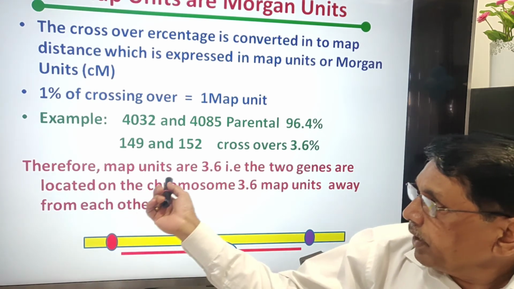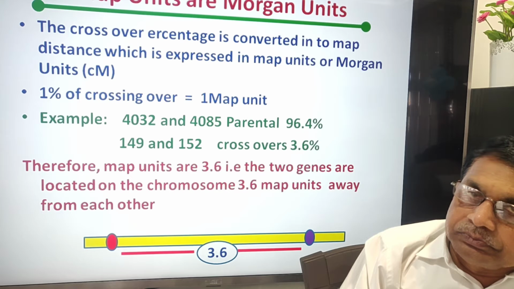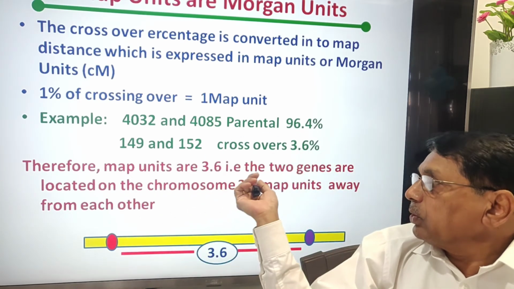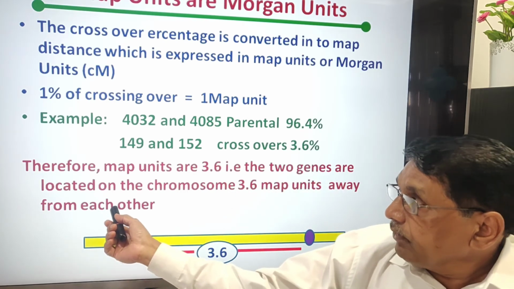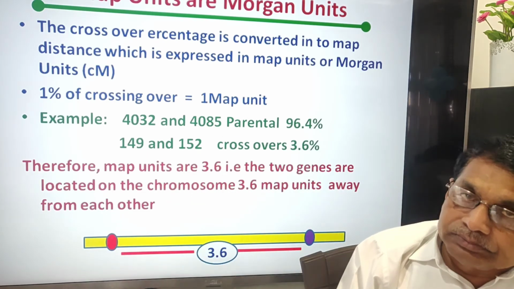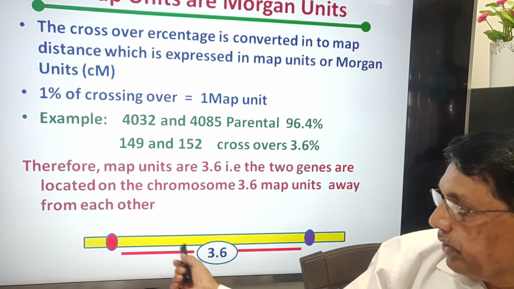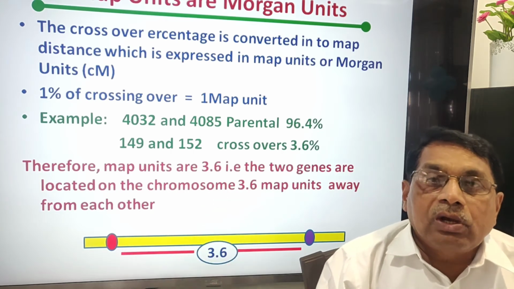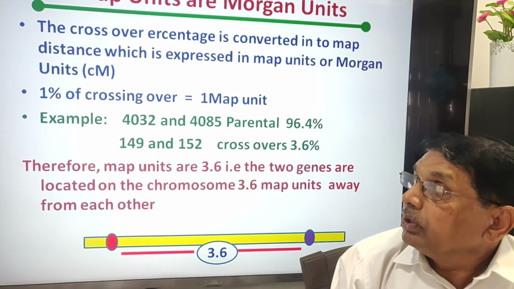Therefore the map distance is 3.6 map units. That is, the two genes are located on the chromosome 3.6 map units away from each other. Suppose this is gene A and this is gene B, 3.6 map units apart. This is how they calculate the map units.